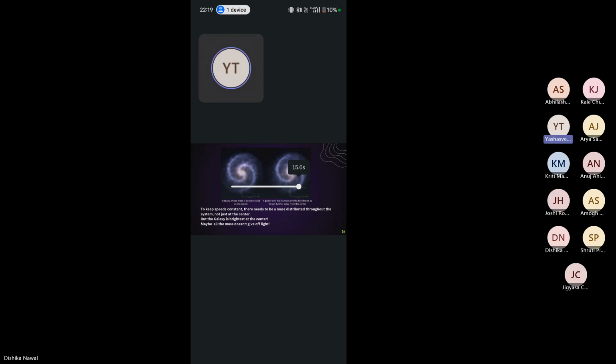What is dark matter? Dark matter is a material which is not luminous, has gravitational effects, but doesn't interact with electromagnetic forces. It is not known to interact with any ordinary matter and radiation except through gravity. We don't know yet what makes up dark matter.